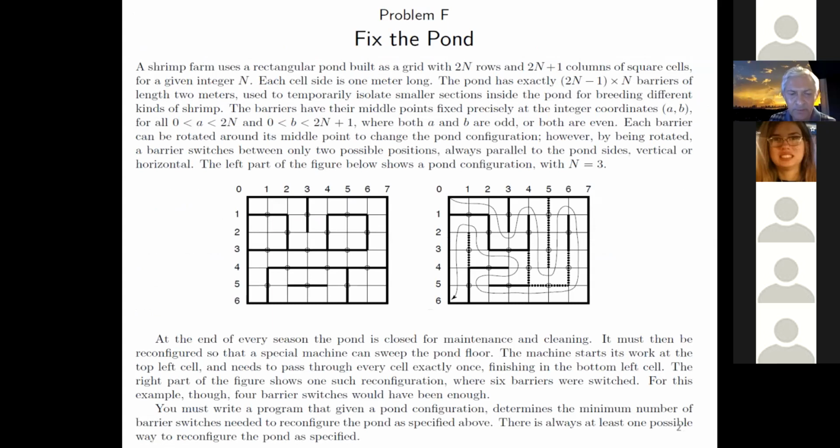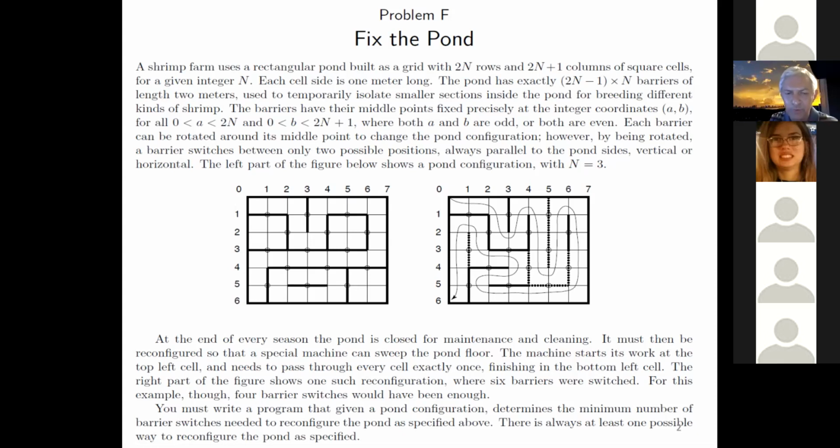Now, it looks like a horrible problem. It looks really, really difficult. One of the reasons why it's difficult is because at each of these little circles, your barrier could either be horizontal or it could be vertical. So you can think of that as 0 or 1.